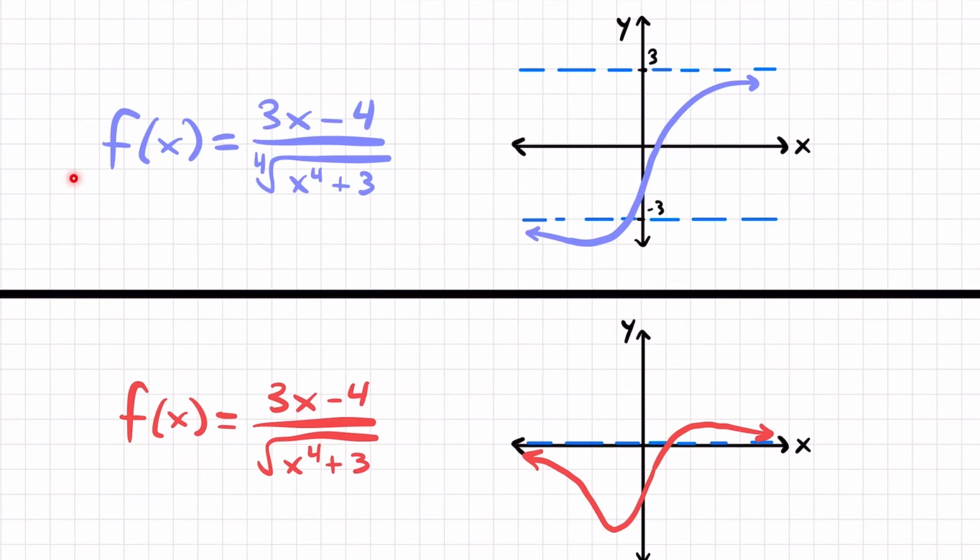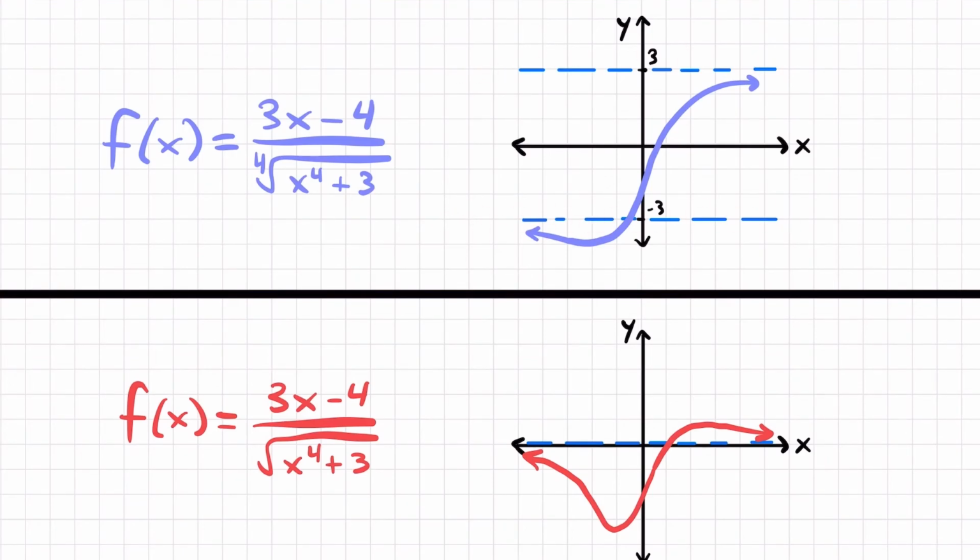Next, I want you to look at this function here, where we have a very similar function once again, except in the denominator, we have the fourth root of x to the fourth power plus 3. Now for this function, we once again have two horizontal asymptotes, one at positive 3 and one at -3.